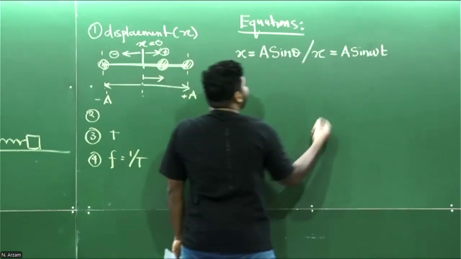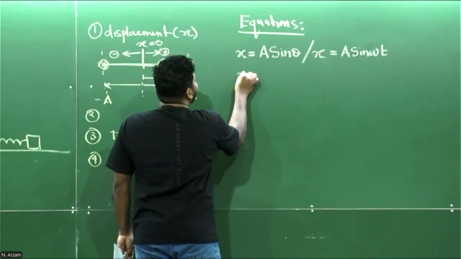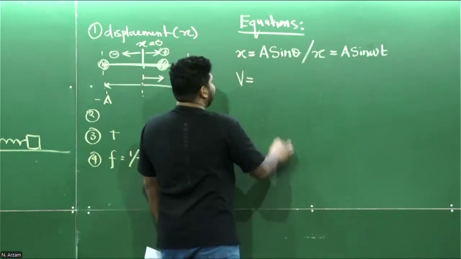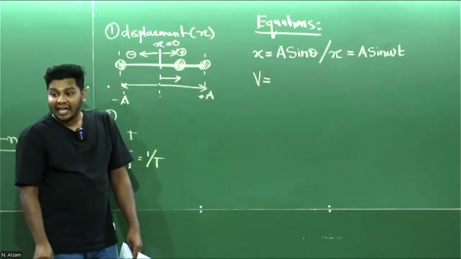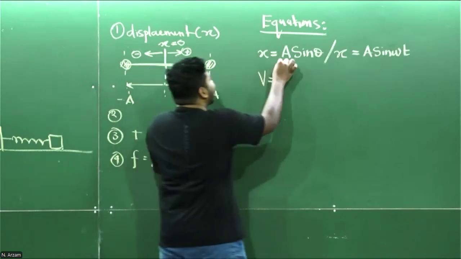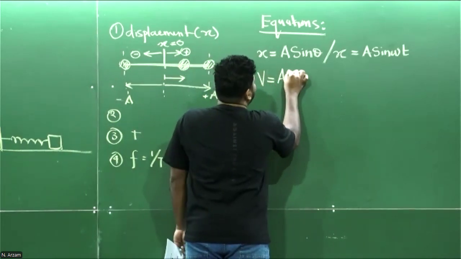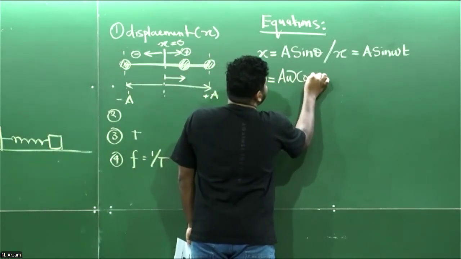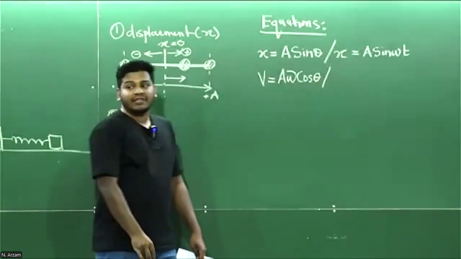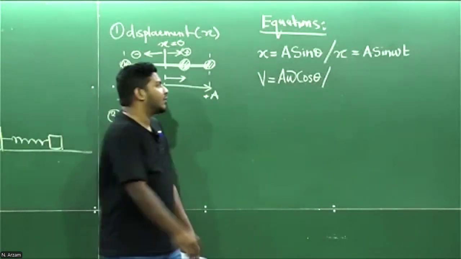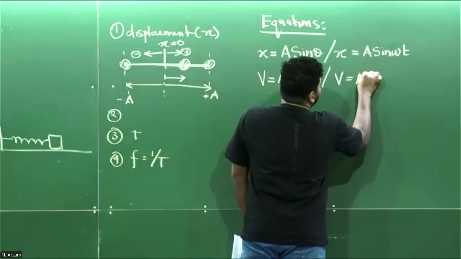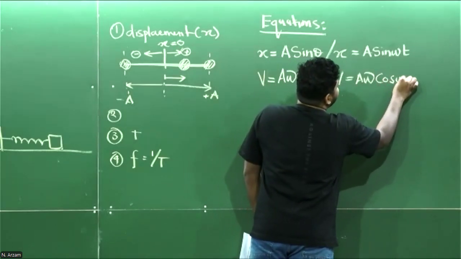The second equation, for the velocity: V is equal to A omega cos theta. Very good. For the theta we substitute omega t, so V is equal to A omega cos omega t.